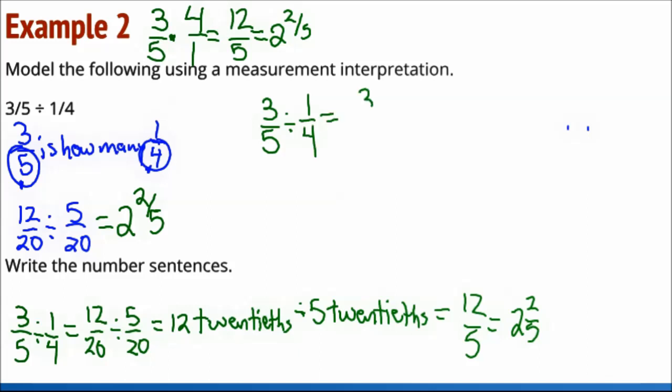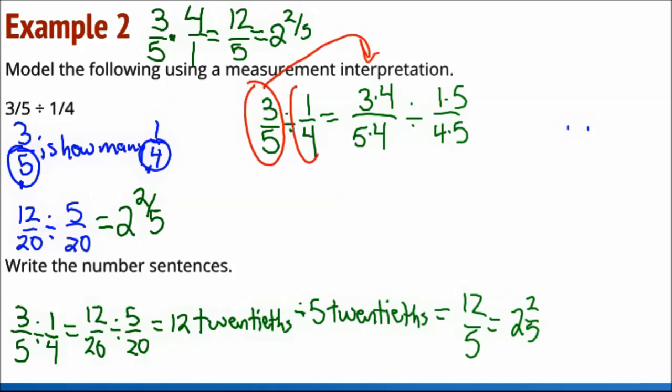So I had 3 times 4 divided by 5 times 4. And we were dividing that by 1 times 5 over 4 times 5. So the 3/5 becomes this, and the 1/4 becomes this.